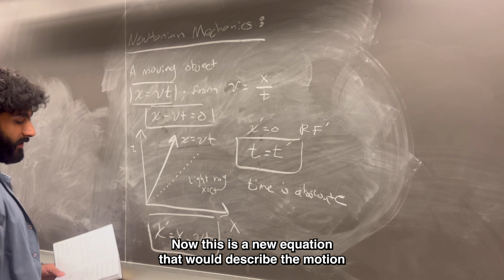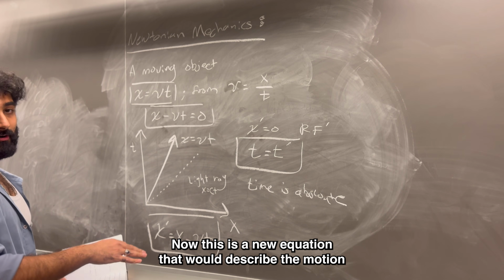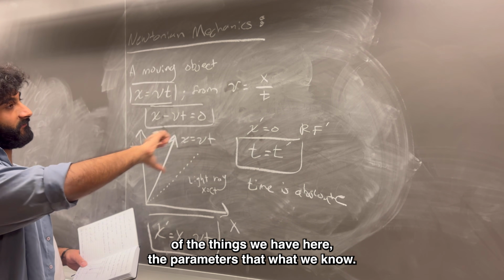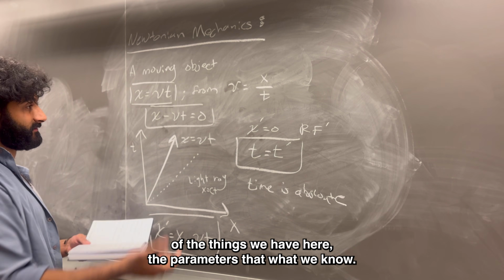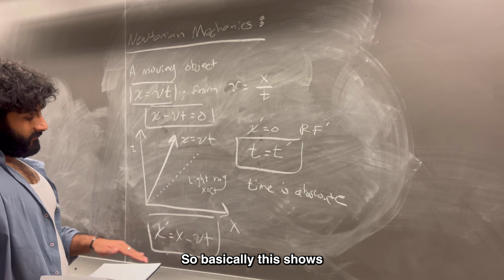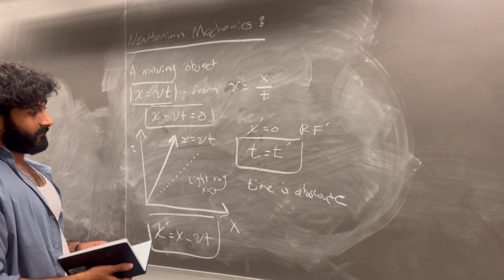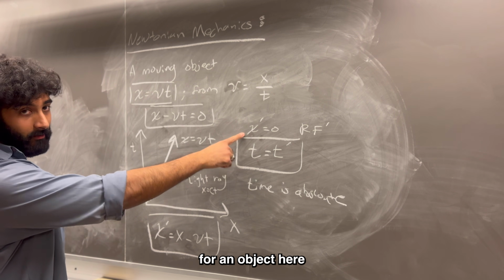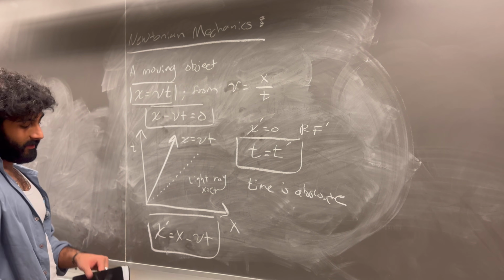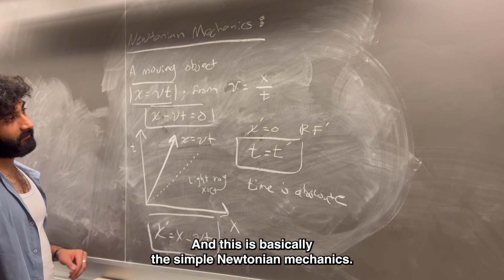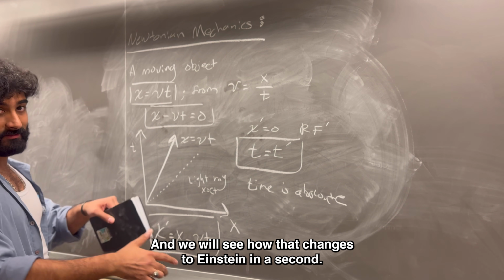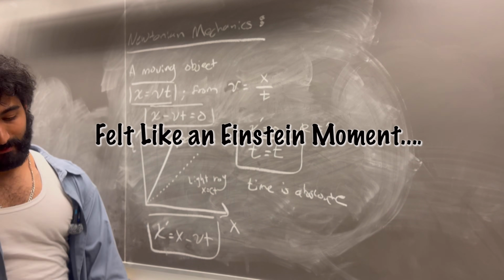Now this is a new equation that would describe the motion of another object in terms of the parameters that we know. So basically this shows, for an object here, how far this object is from me with the things that I know. And this is basically the simple Newtonian mechanics, and we will see how that changes to Einstein in a second.